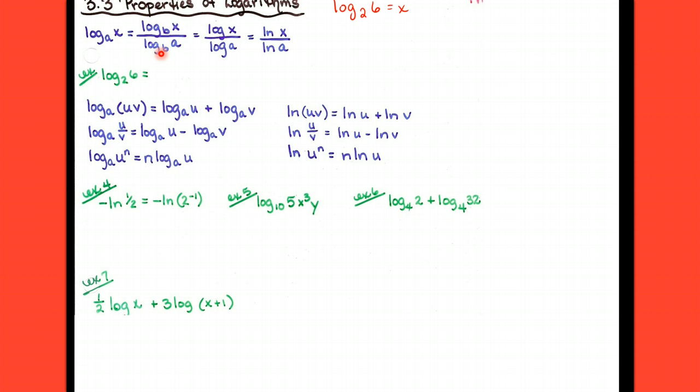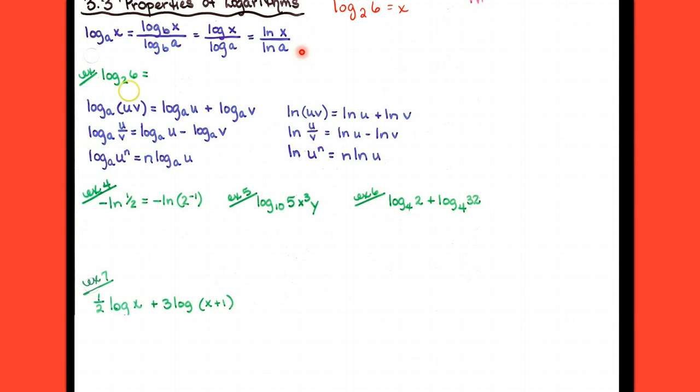So the two most logical things for us to choose would be the two buttons that are on our calculator. Maybe we would write it with a base of 10. That would be the log of x over the log of a, because when we write no base, we assume 10. Or log base e, ln. So we could write that as ln x over ln a.